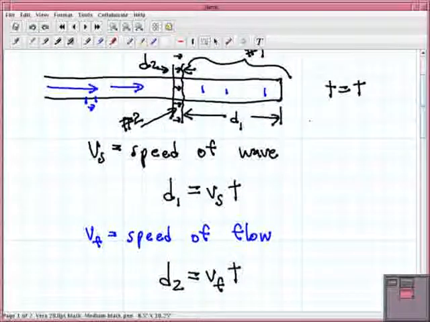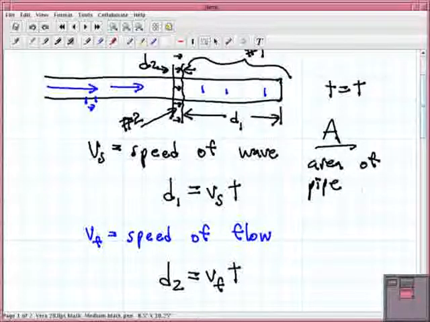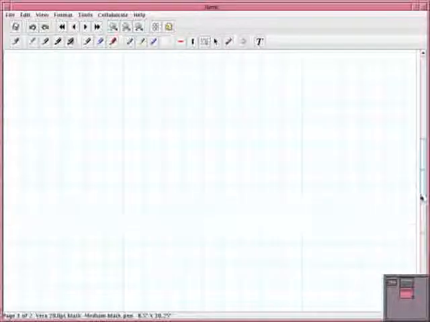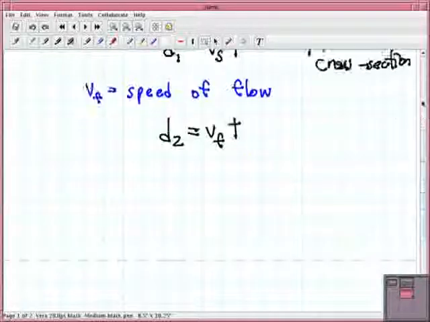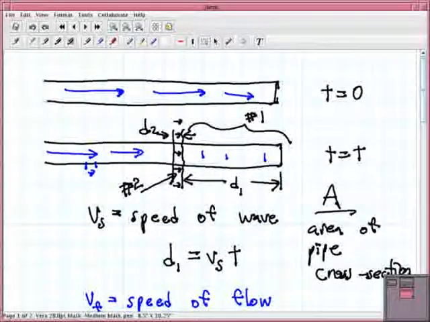So let's just assume that we have a pipe of constant area that we'll call A, the area of the pipe, the cross section. If we were to look at the end of the pipe, it would probably be something like this.